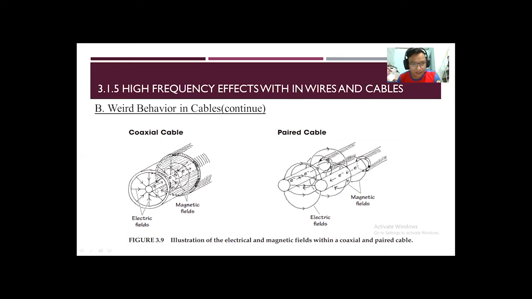As you can see, the coaxial cable has just one core in the cable, and the electric field goes this way into the center, and the magnetic field goes out.